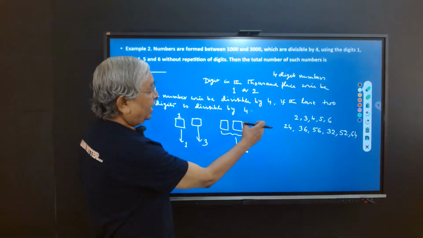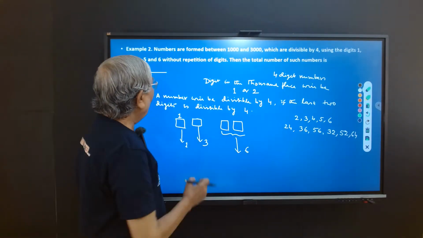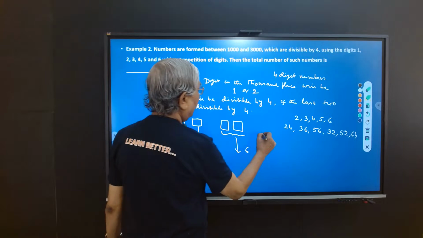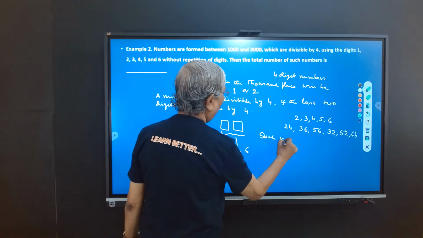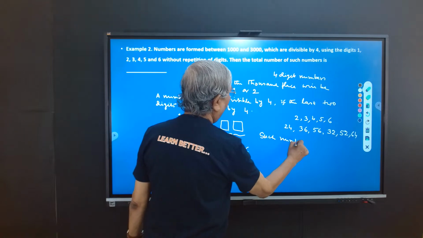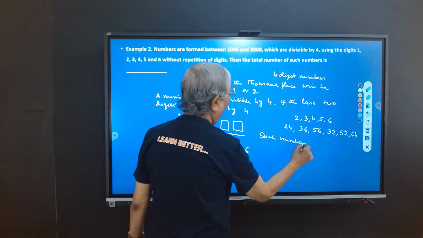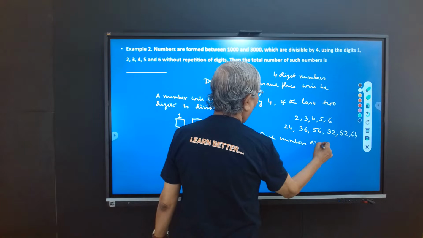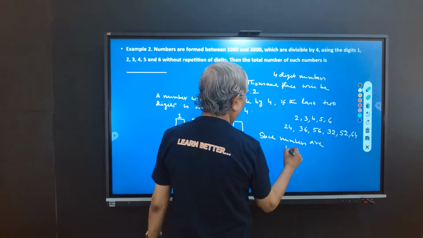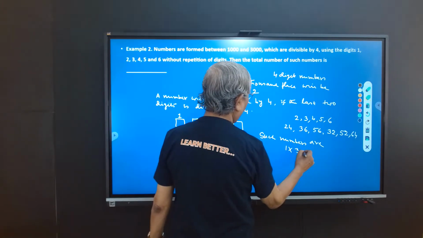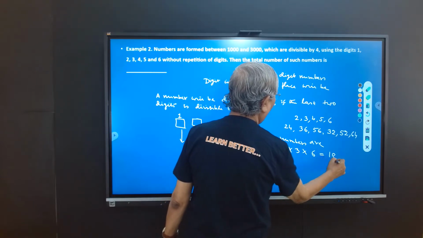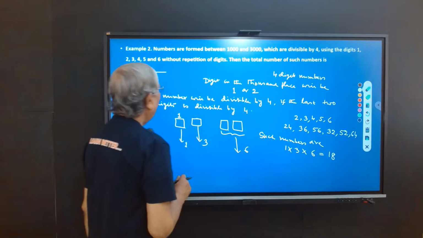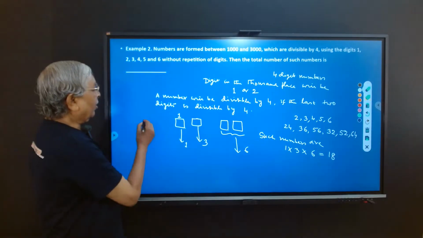These are 6 in number. So such numbers are 1 into 3 into 6, that is 18. This is our case 1.